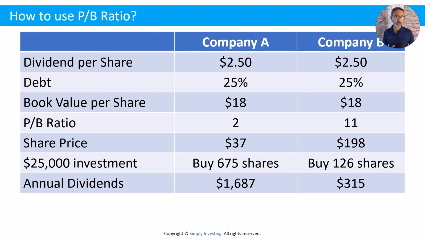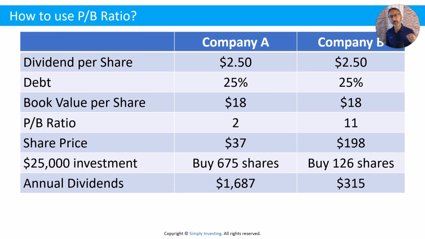Now remember, dividends are deposited as cash directly into your trading account. So you can spend that money if you wish, or you can reinvest it into other stocks that pay dividends. So you can grow your dividend income over time. So this is why the PB ratio is really important.